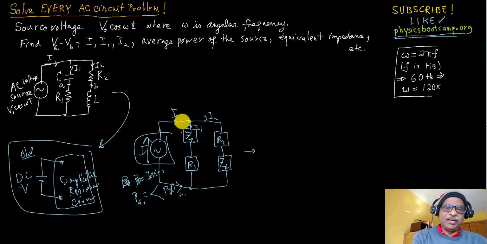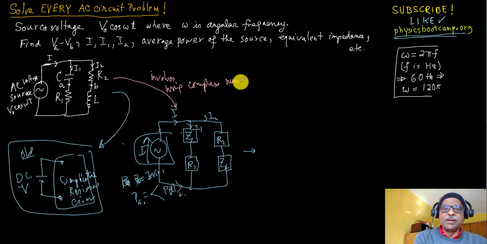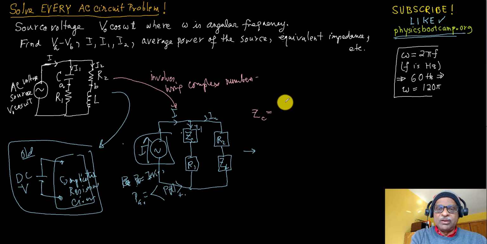Converting this problem to that problem involves using complex numbers. So ZC will become 1 over i omega C, and ZL will be i omega L. And why is that the case?